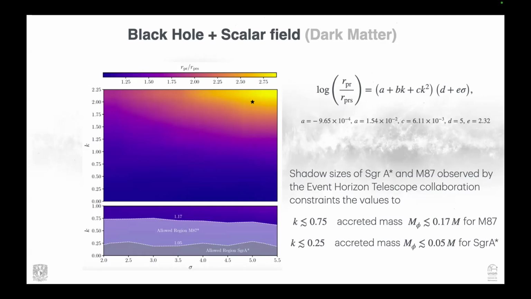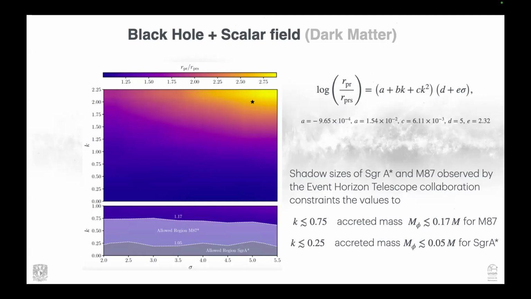This first region is for Sagittarius A star, and the second region is for M87. So basically these values for the wave packet amplitude are allowed if we want to model the shadow of Sagittarius A star or M87, okay? And it doesn't matter what the width of the wave packet is, okay? So this is our result.